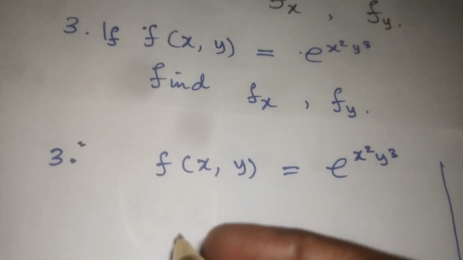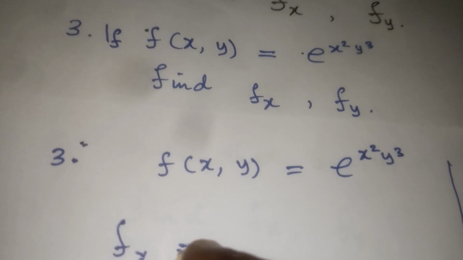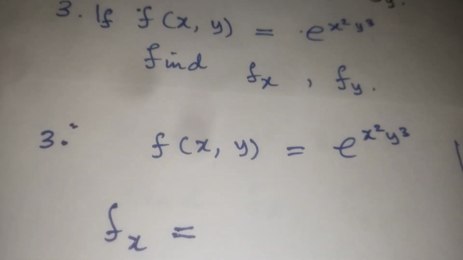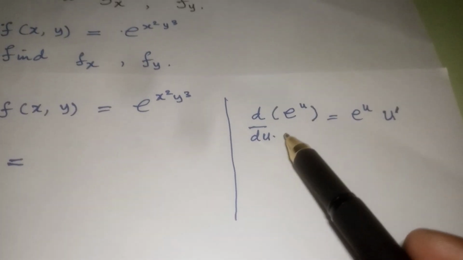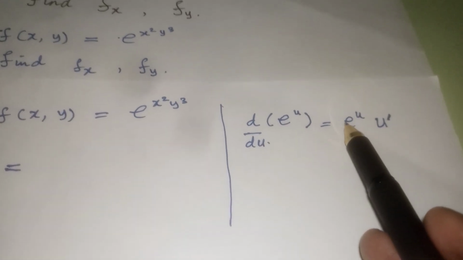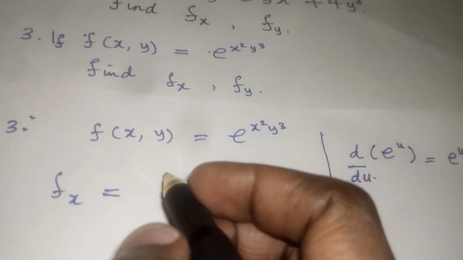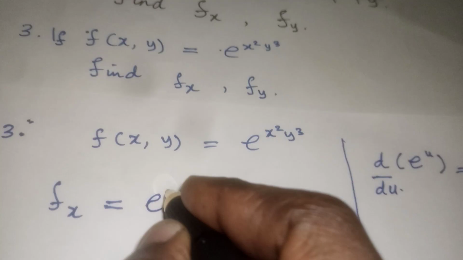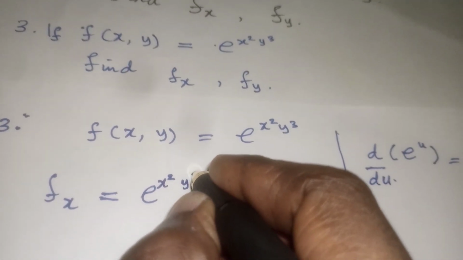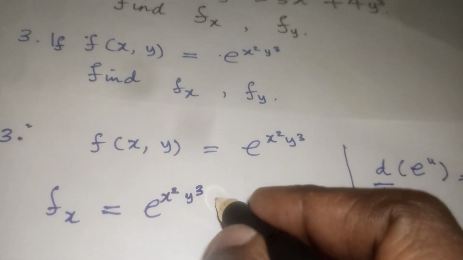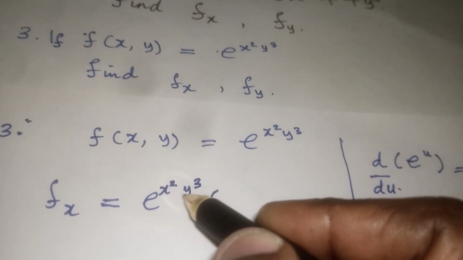Part 1, fx. It means that we differentiate f with respect to x. But we know that d over du of e power u is equal to e power u times the derivative of u. Let us differentiate here. The derivative of this is e power x squared y power 3, times the derivative of x squared y power 3.